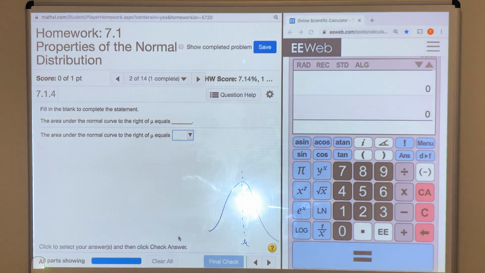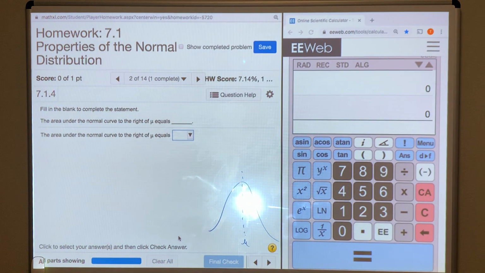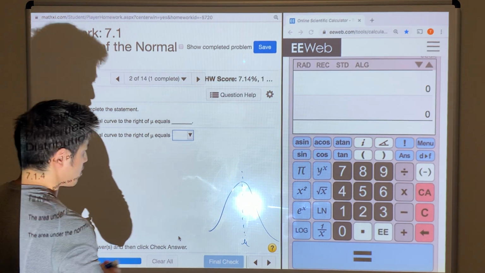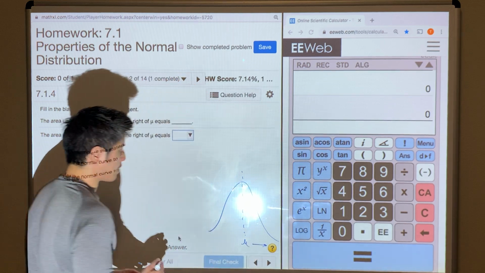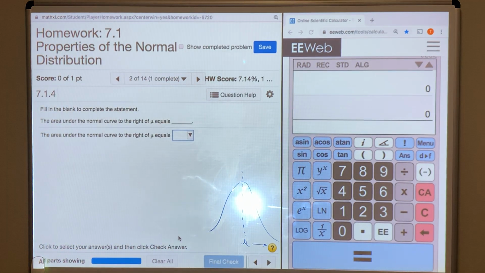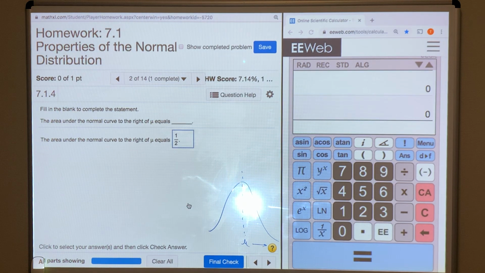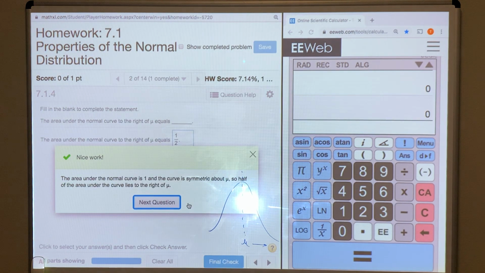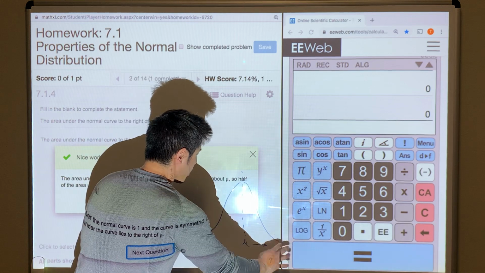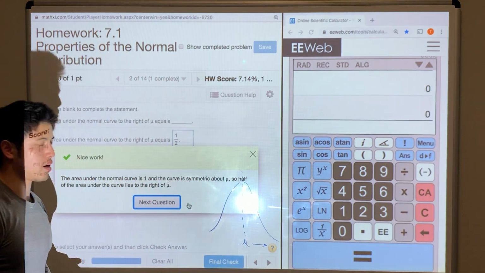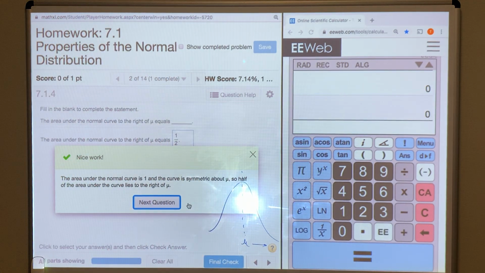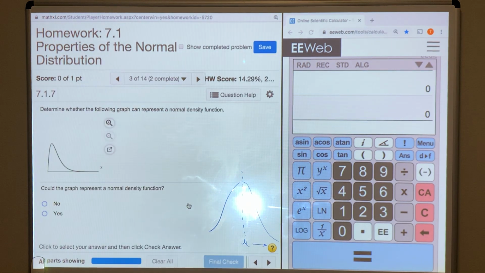We've done a lot of different pictures and worked through this over the course of the semester. So the area under the curve to the right of the mean, or mu, is equal to what? Well, it's equal to 1/2, because we know that the total area should be equal to 1. All the area underneath adds up to 1, because all probabilities which fall within there are between 0 and 1.